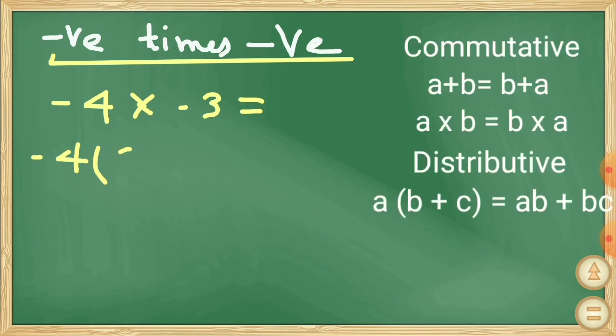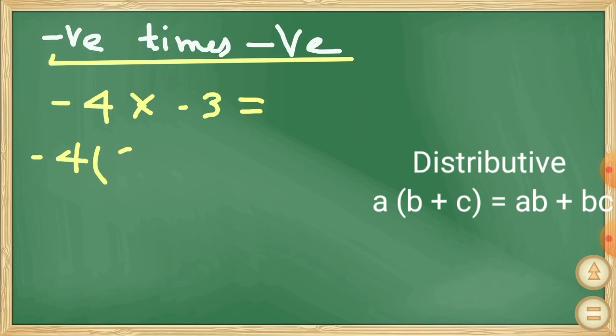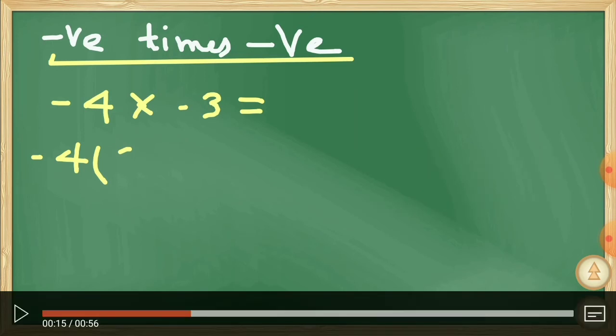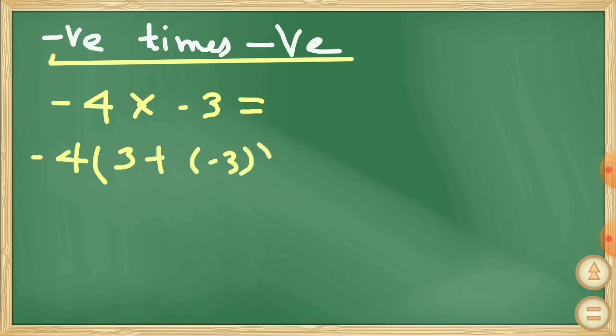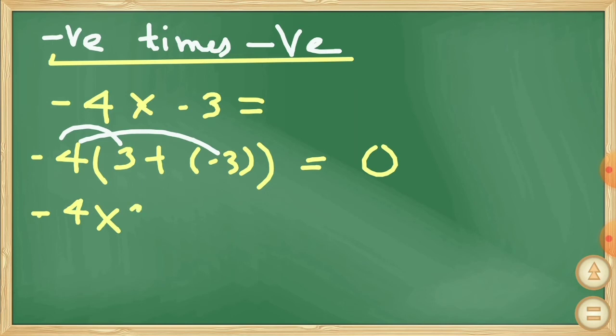We know that the addition and multiplication of numbers or integers follow the commutative as well as the distributive property. So in this case, we are going to use that exact property, especially the distributive property, and take a different example, that is minus 4 into 3 minus 3. So 3 minus 3 is 0, so minus 4 into 0 becomes 0.